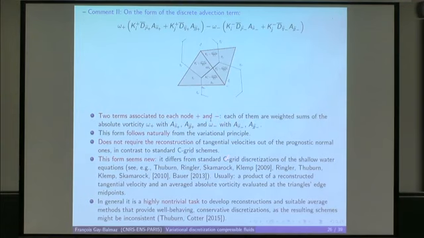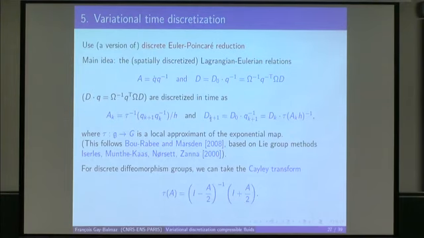Also, what we recover is reminiscent of C-grid discretizations, but it differs from ordinary ones in the fact that usually it's very hard to find such a discretization while at the same time preserving the energy of the system. It's very hard, but here we can get them directly. So I have so far covered the spatial discretization.